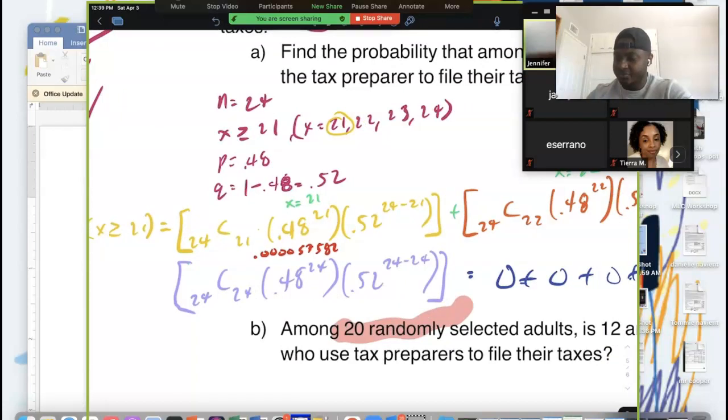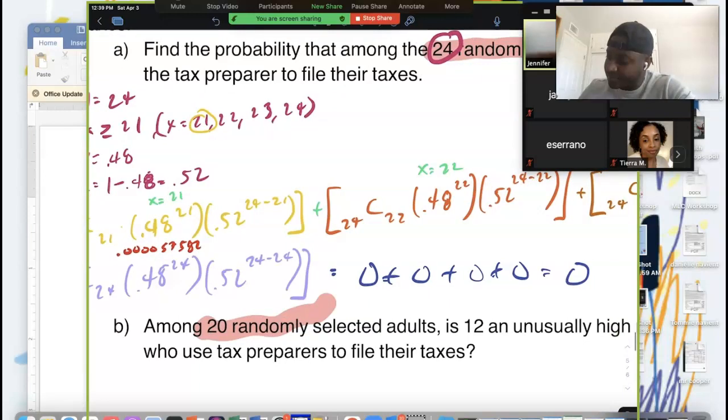So this is 22. Change that to a 22. This one here will give me 0.0000, what is that? 1, 2, 3, 4, 5, 7, 2, 4, 8.